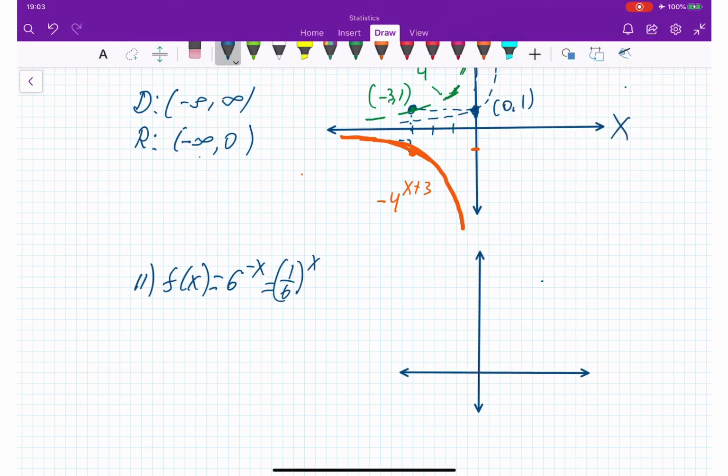This is the point 0, 1, because x is 0 and 6 to power 0 is 1, correct? If this is my 6 to power x, then 6 to power negative x is gonna go like this.